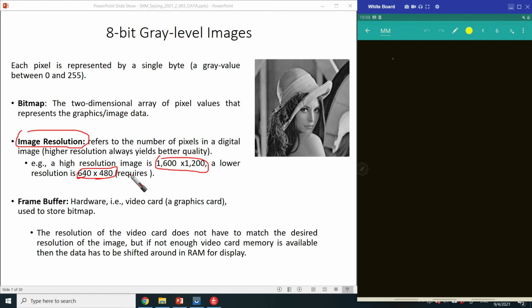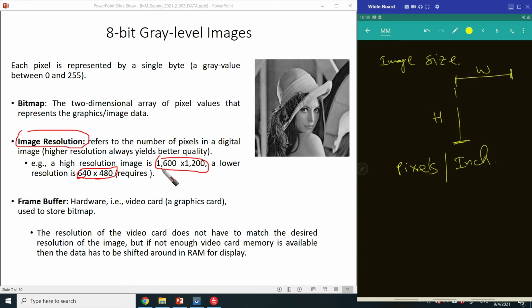So ultimately, how are image resolution and image size different? Image size usually means how many pixels you have in width and how many pixels you have in height. So this is height and this is width. But image resolution means pixels per inch or per centimeter.